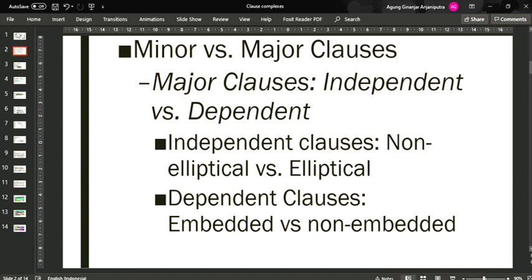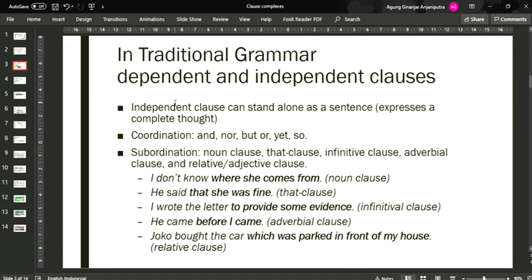And now we need also to differentiate between dependent clauses, between one which is embedded and one which is non-embedded. So first let's see, in traditional grammar, dependent and independent clauses. An independent clause can stand alone as a sentence and expresses a complete thought.